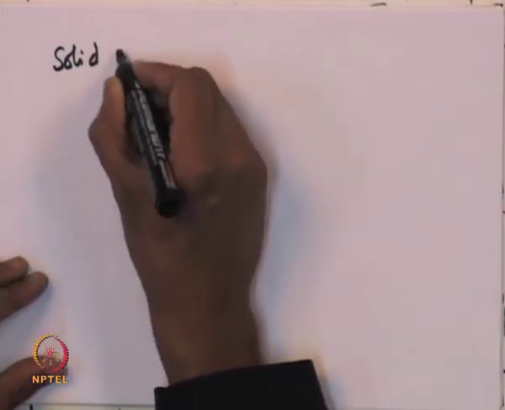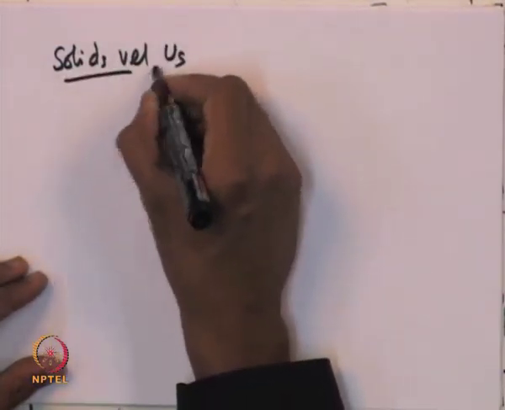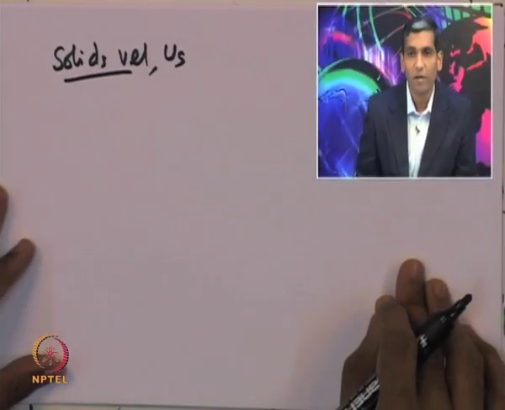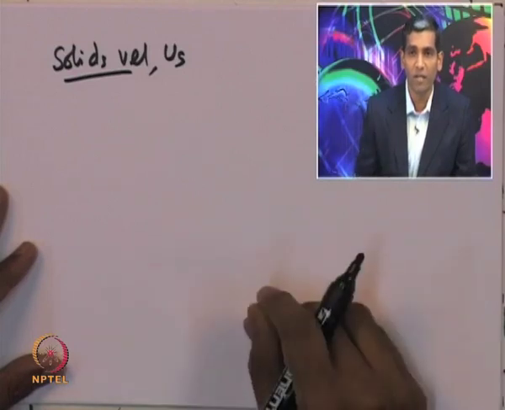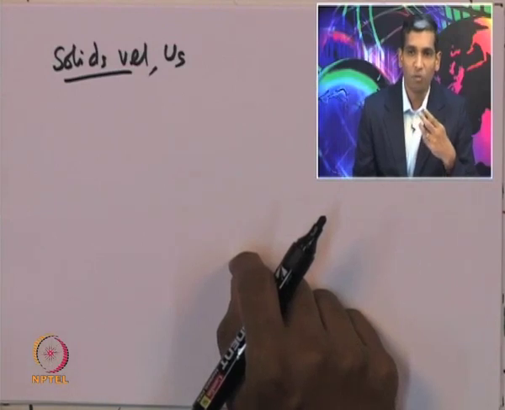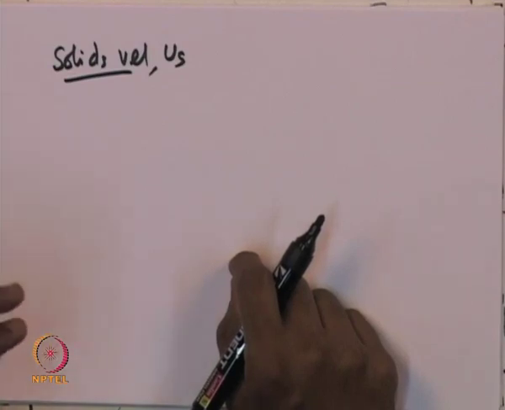The next estimate that we need to make is the velocity of the solid when it is flowing in the emulsion phase. So we need to find the solids velocity US. That is the next parameter that needs to be estimated. To estimate the solids velocity, we can perform a very simple material balance. Whatever solid particles are flowing down in the emulsion phase should be equal to the solids being taken up in the wakes which follow the bubbles.